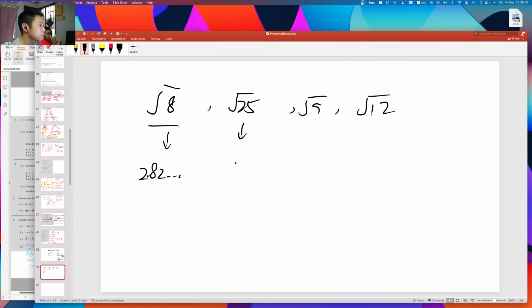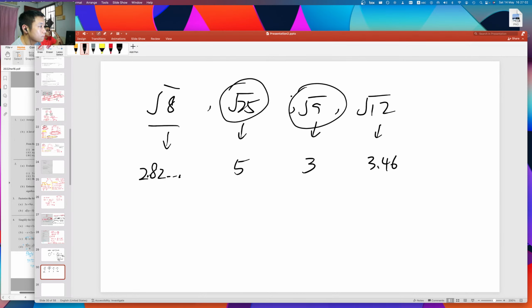Then what is this? 5. Okay, what's this? 2.23. 9, this is 9, sorry. 3. Then this one. 3.46. So which one is a perfect square? Why? Because they give you a whole number. Okay?